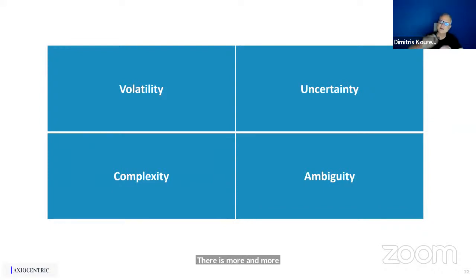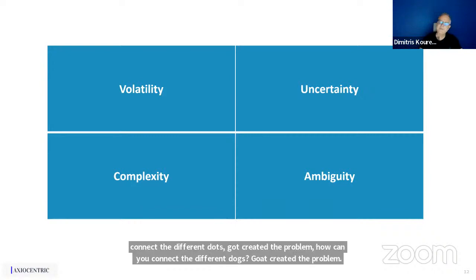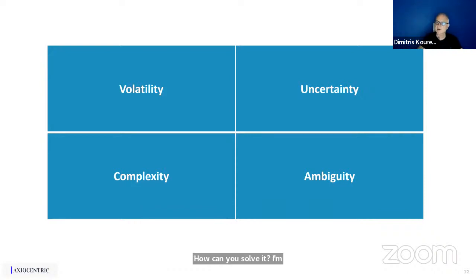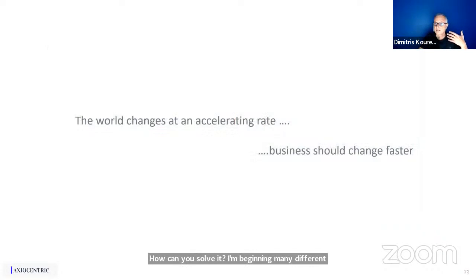You see the correlation, but you cannot see the causation, how you connect the different dots, what created the problem, how can you solve it. Ambiguity, many different perspectives about what is right and what is wrong. We need to keep changing and keep learning all the time.